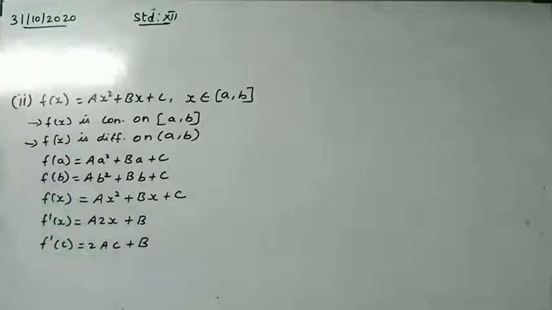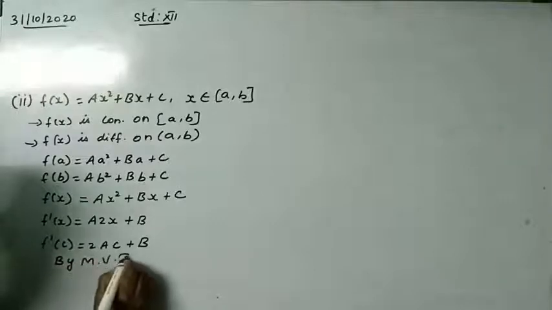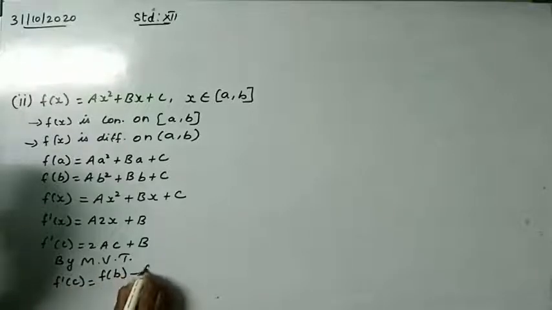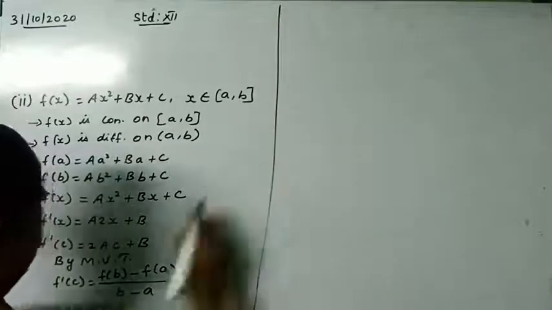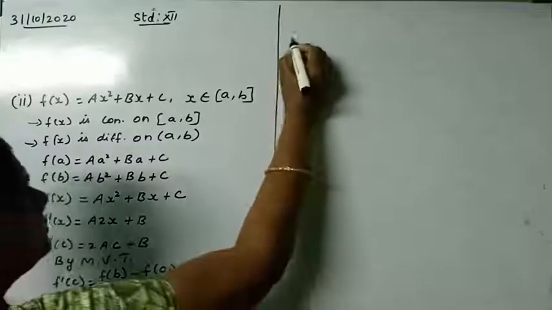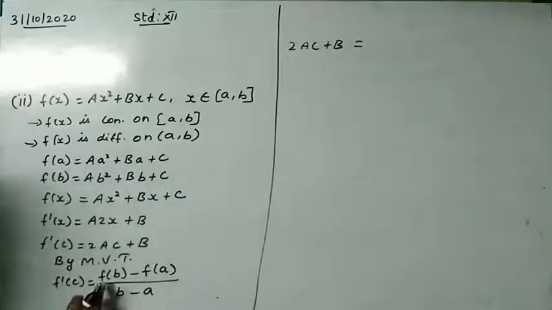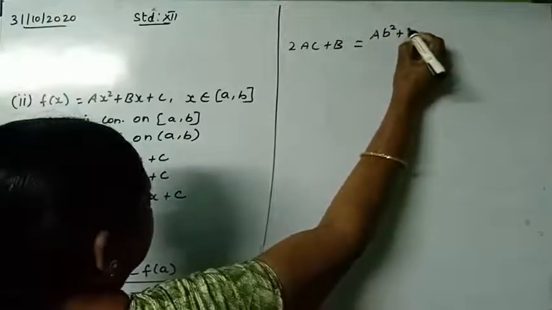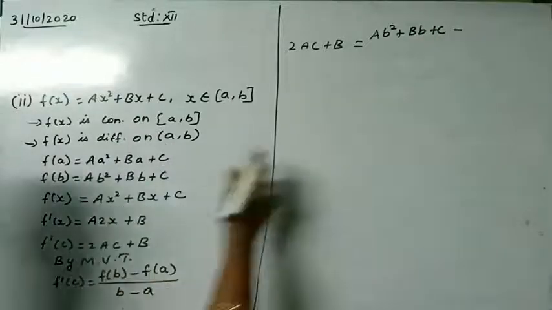Now by mean value theorem, f dash of c equal to f of b minus f of a divided by b minus a. F dash of c, 2ac plus b, is equal to f of b, which is ab square plus bb plus c, minus f of a.